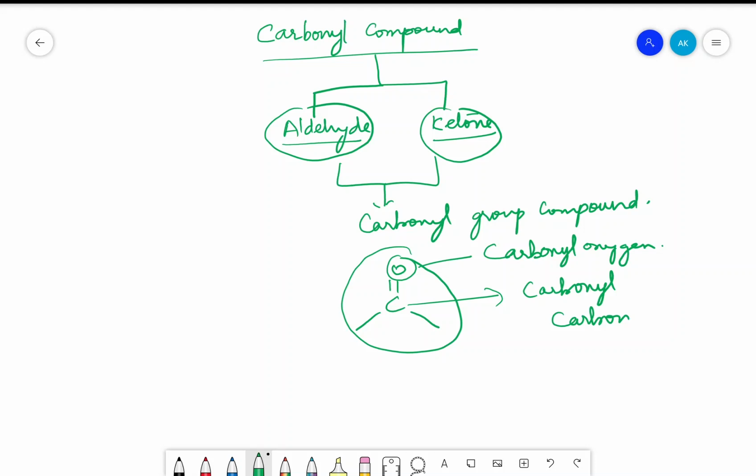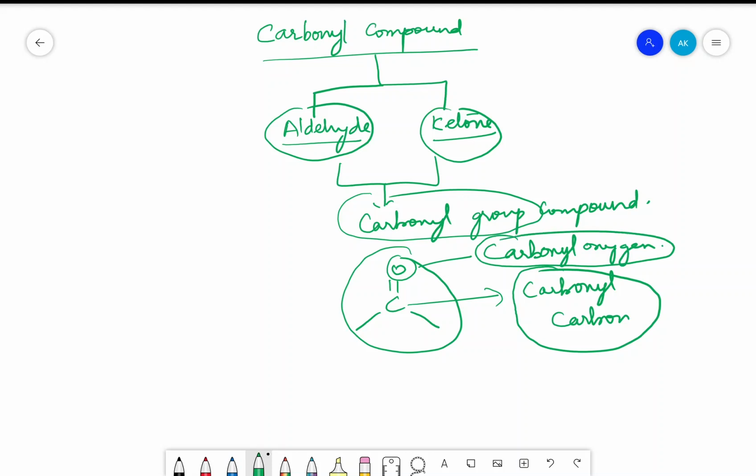So simple thing, remember, aldehyde and ketone come under the category of carbonyl group or carbonyl compounds. The functional group we are going to study here is the C double bond O group. C double bond O group is carbonyl group. Carbon and oxygen is carbonyl group. This is carbonyl carbon, and this is carbonyl oxygen.